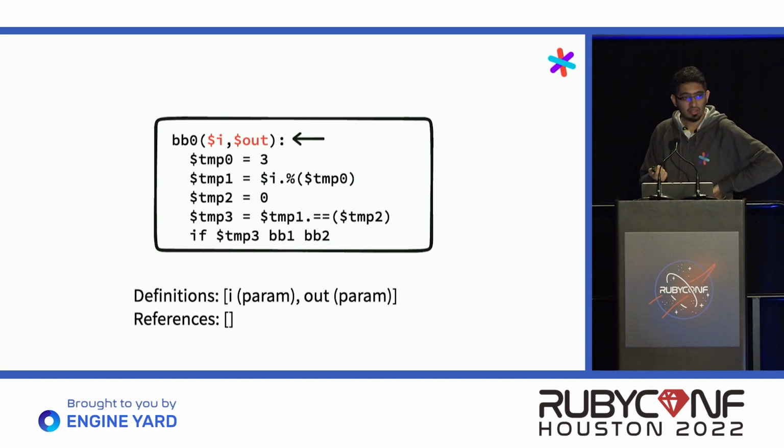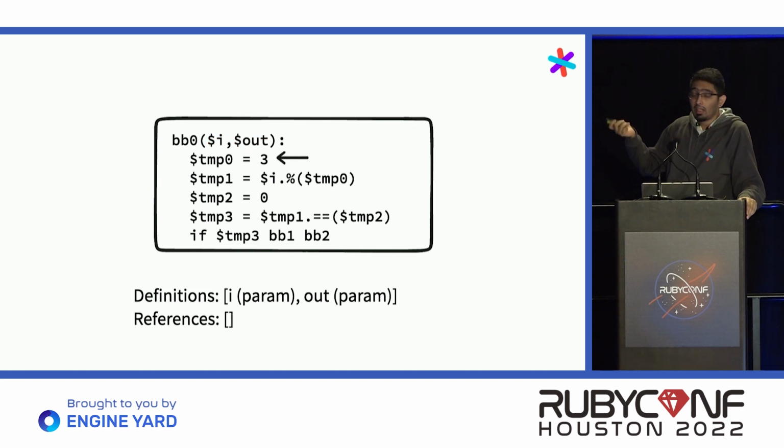We also need to record source locations, so we know what original source location each corresponds to. So when you hover over something, we know it was the I parameter or the out parameter. I and out are both named variables, not temporaries, and that's why we need to record them. Then essentially it's a process of iterating over each instruction.